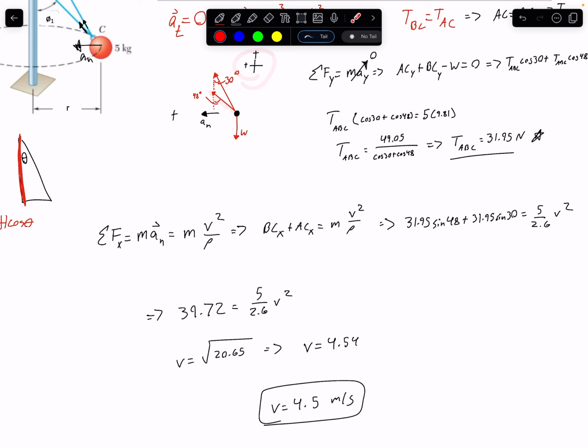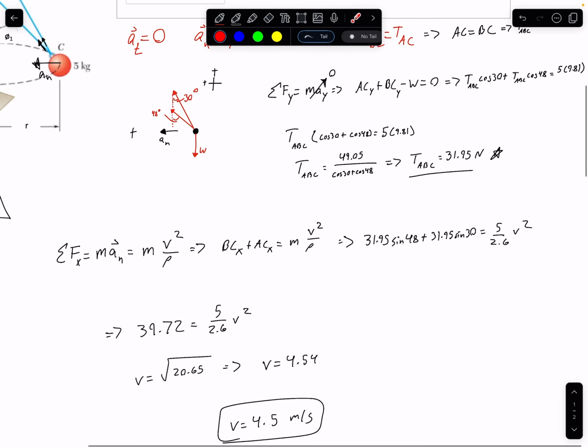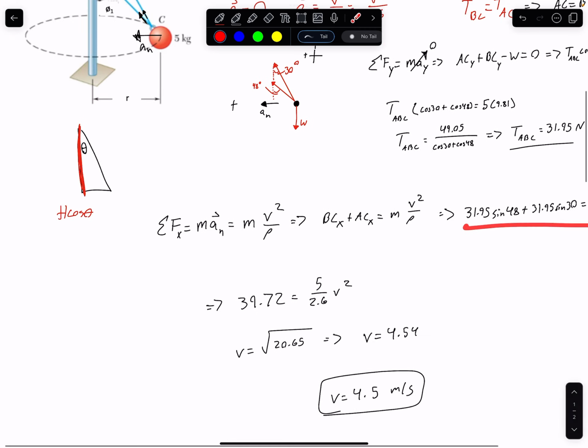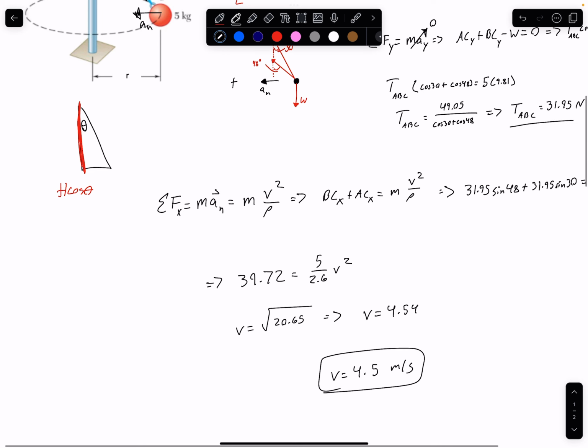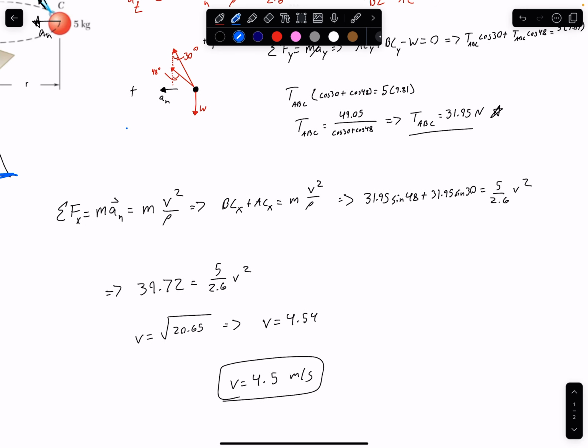Here's our little scale. Positive is that way. So we have BCX plus ACX is equal to m times v squared over the curvature. This time we're using sine because we want this part, which is h sine theta because it is opposite over hypotenuse.